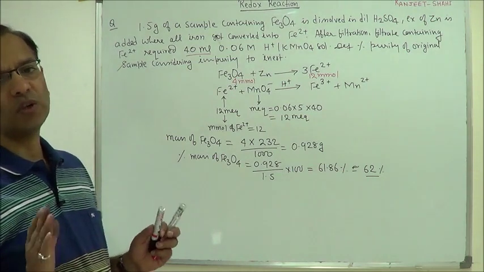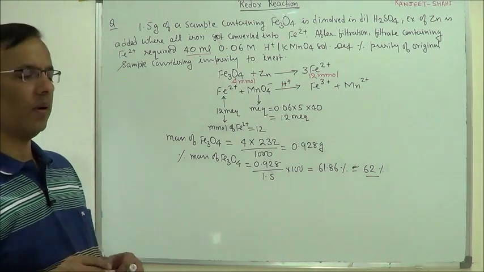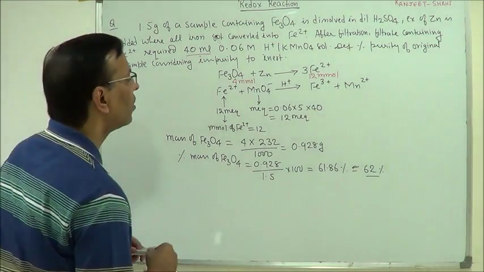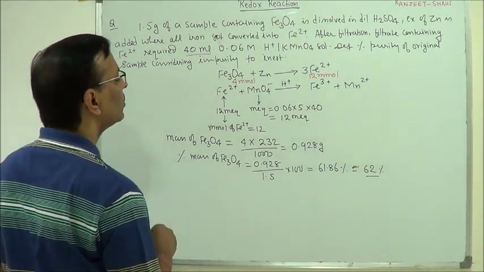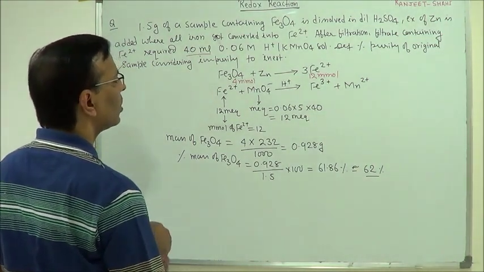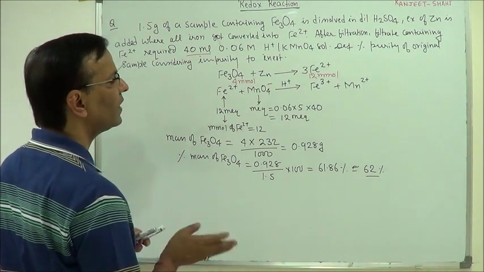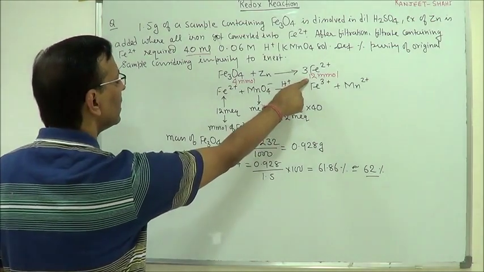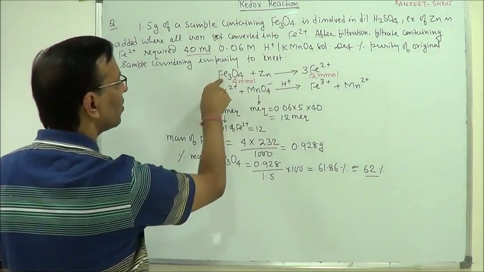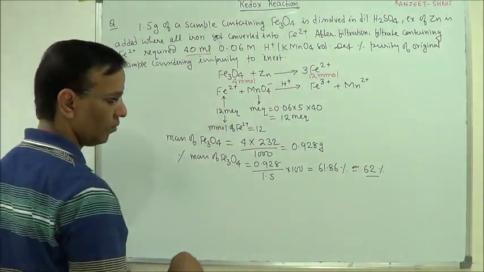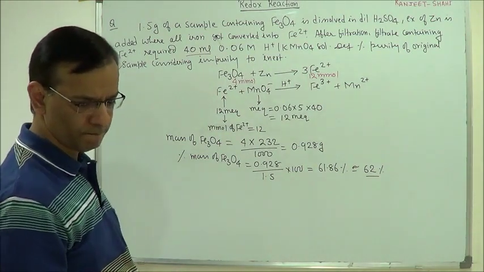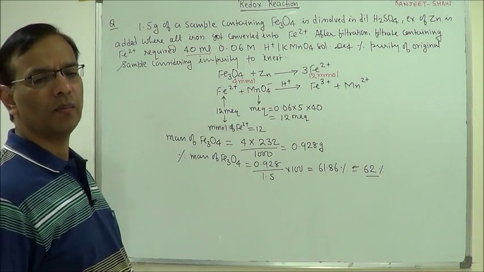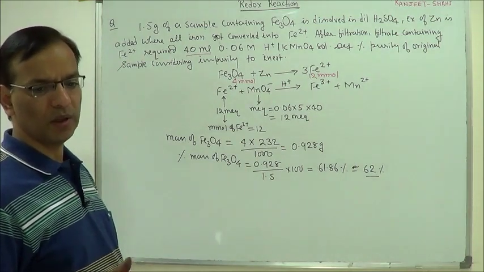A precaution must be taken in solving this question. See, if one goes through the concepts of equivalence from beginning till end and says that 12 milliequivalent of ferrous ion will be obtained from 12 milliequivalent of Fe3O4, you may find some problem in solving the question that way.